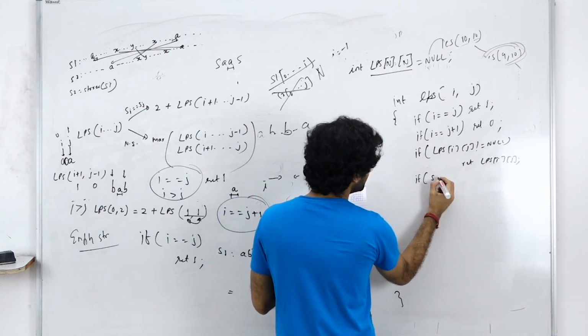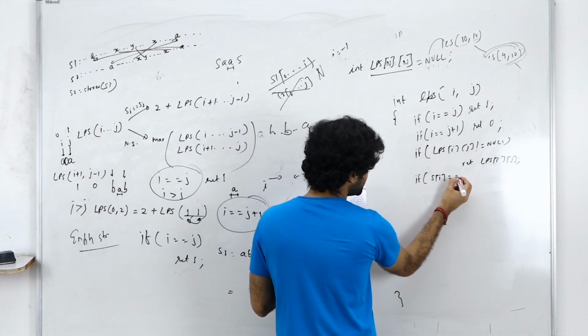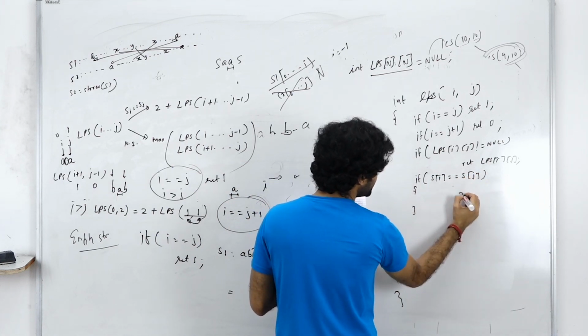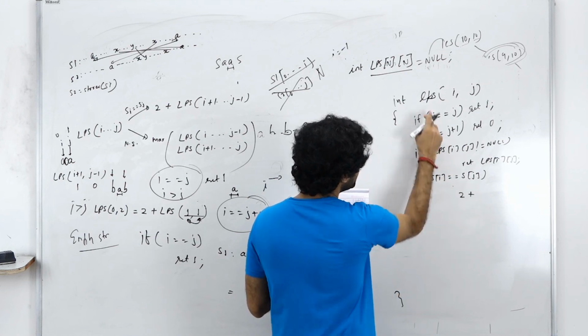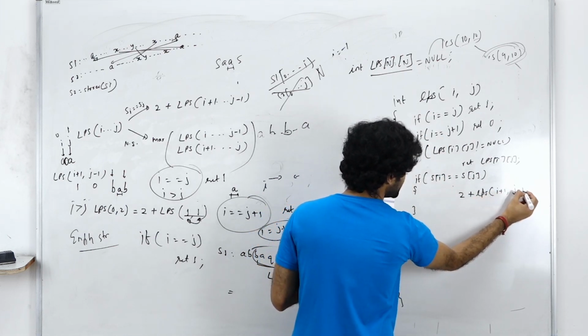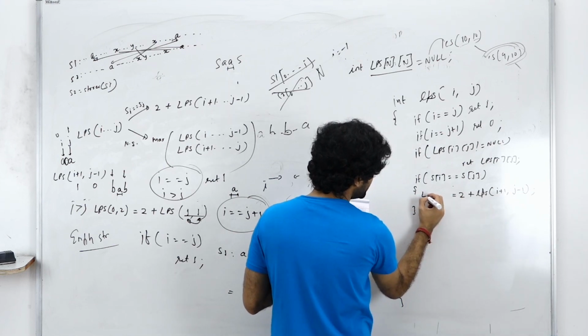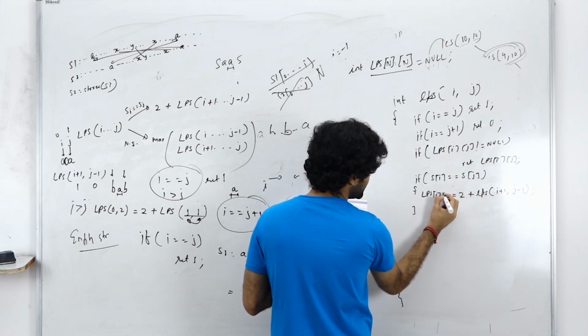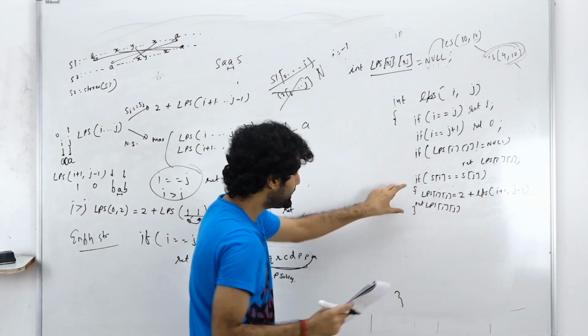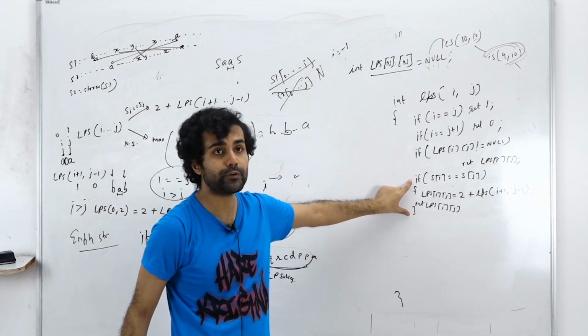If I see that the ith and jth characters of the string are matching, in that case my solution will be 2 plus, call the same function for I plus 1, J minus 1, store its value in LPS of I, J, and then return this LPS of I, J. Did the first case get clear to everyone? Yes or no?